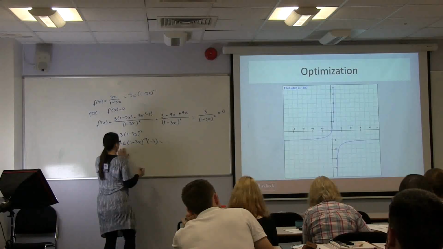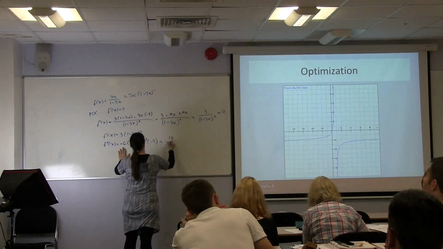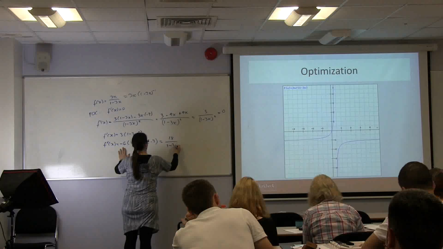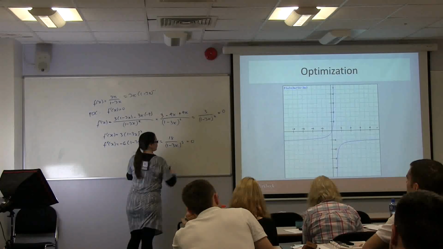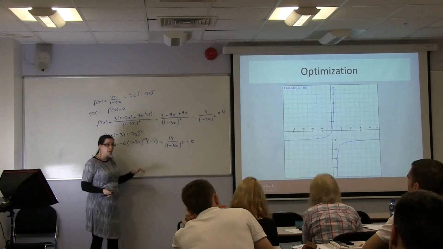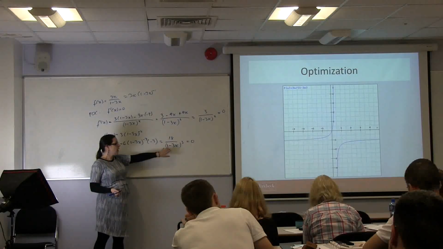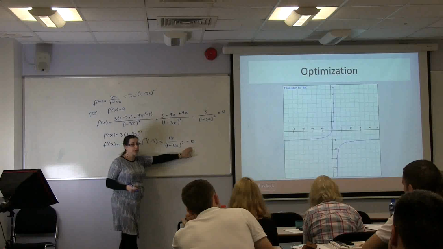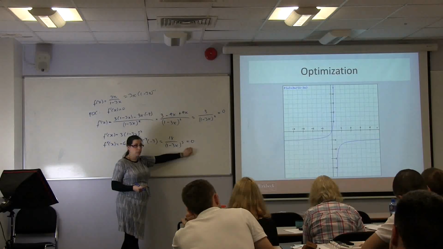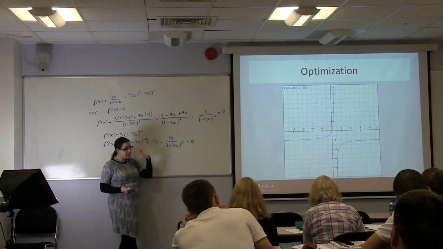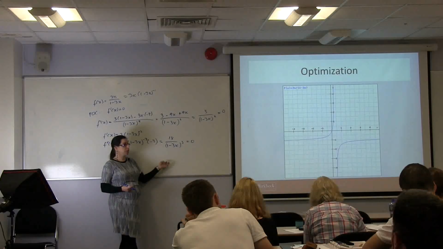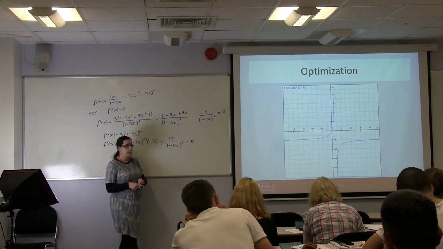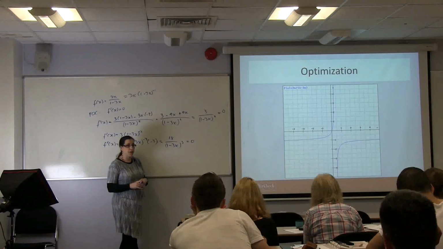So that would be 18 over 1 minus 3x cubed. And again, I can't solve this equation. Same situation, because I can't divide a positive number by anything to end up being equal to 0. So that's why I can see algebraically that there is no point of inflection either. But the graph nice and easily gives the information away just by looking at it.